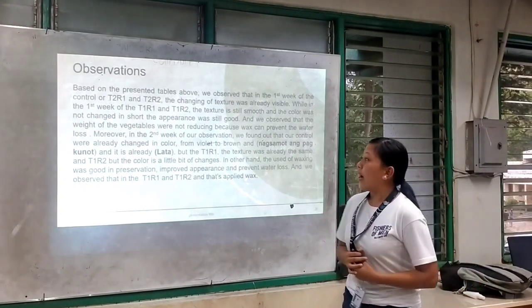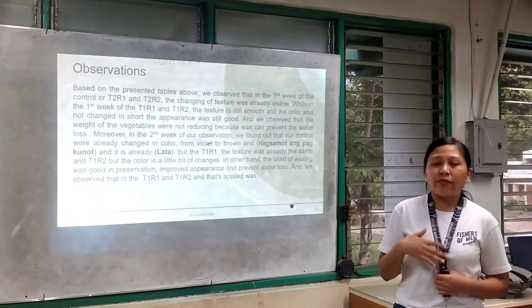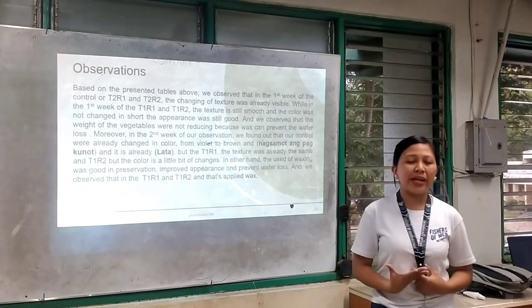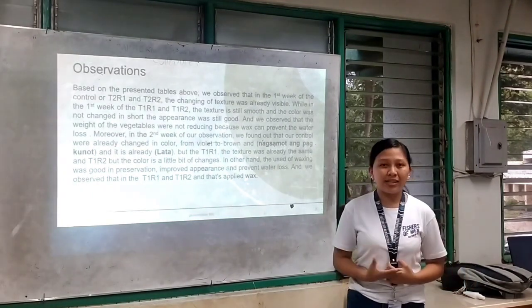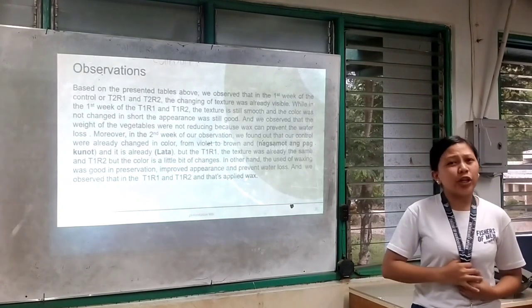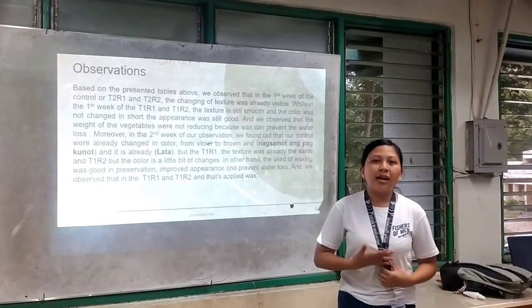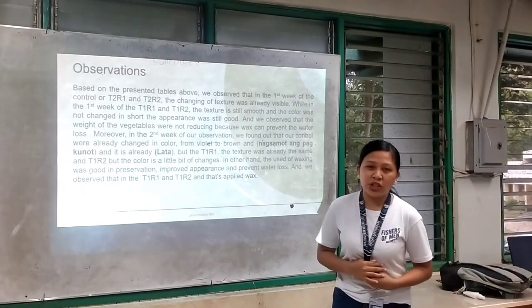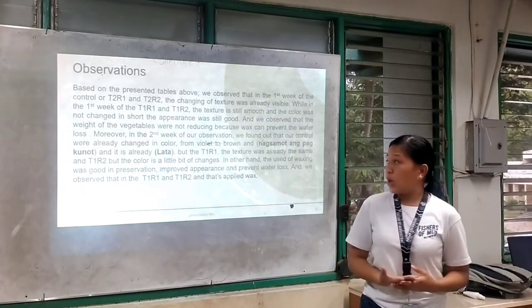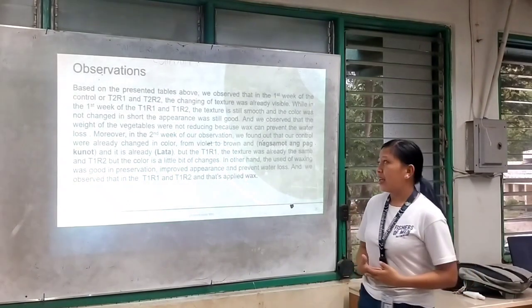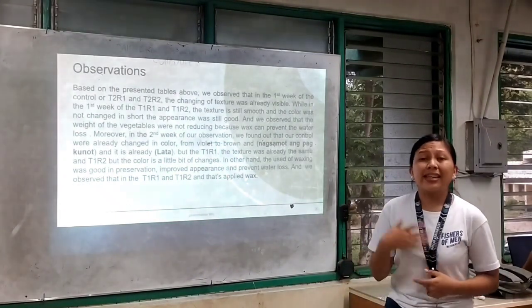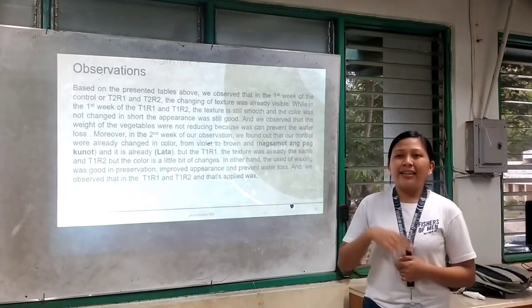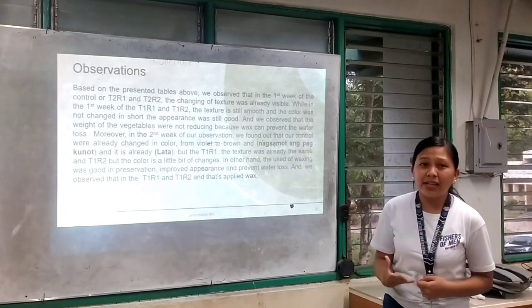Aside from that, after our observation, you can see that the waxed product was still in good condition when discarded. After the second week, we saw the differences: T2R1 and T2R2 had wilted, their appearance had shriveled, and the color changed from violet to dark brown.